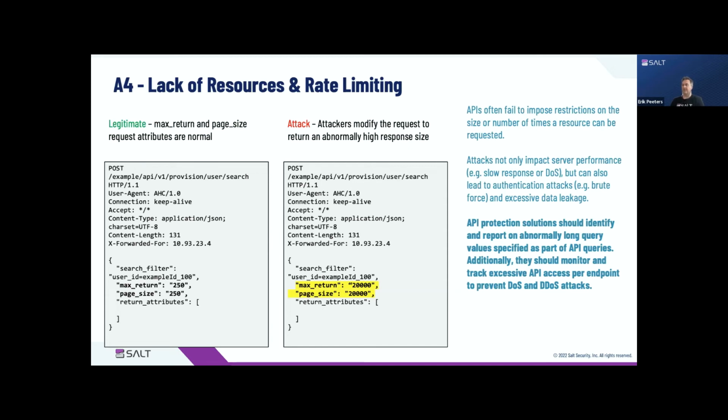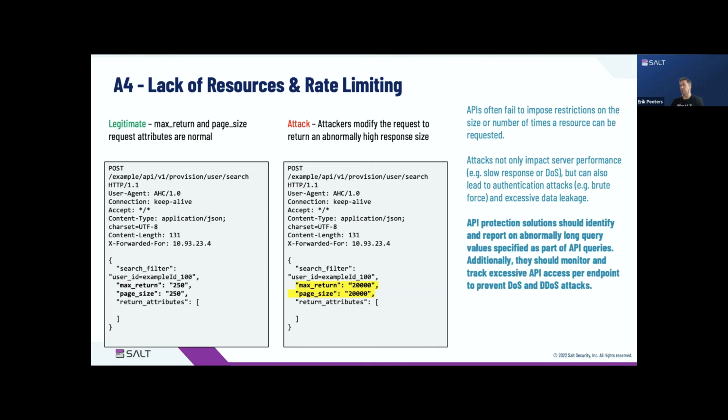But what an attacker can try is to see if there is any limitation set to those numbers. So what if we now increase those numbers to 20,000? Now we need to get 20,000 pages back in one go.